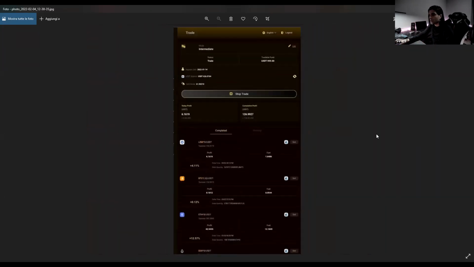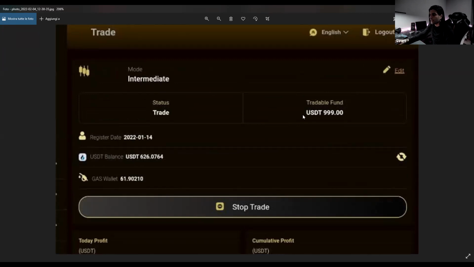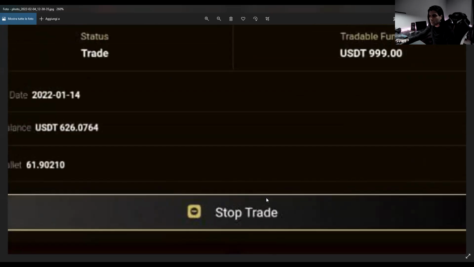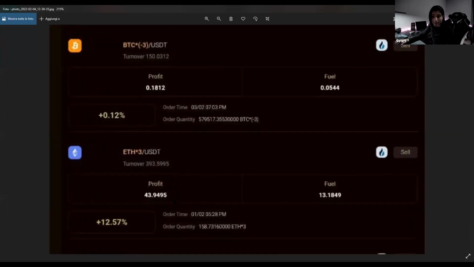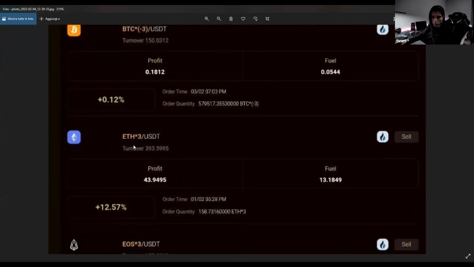And this is so interesting in my opinion. You can see there the tradable funds that are 999. So with this strategy, we made a profit like this. That, in my opinion, is so interesting, because it's real trading. So we focus on the right buy and sell.